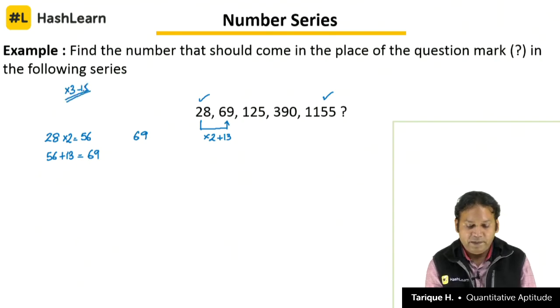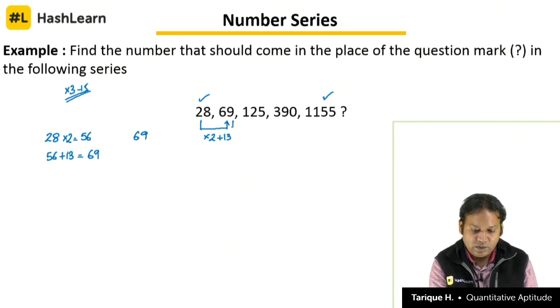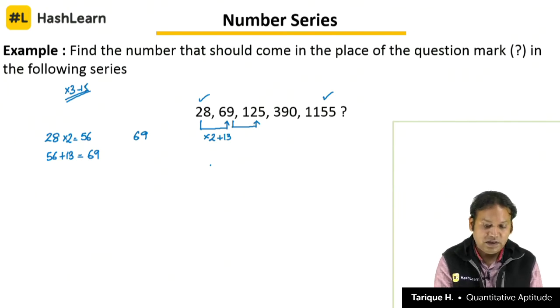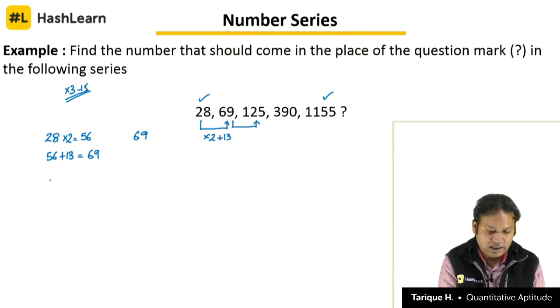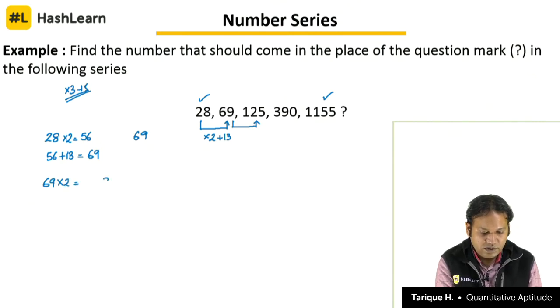what is happening from 69 to 125. Can we do into 2 plus 13 here also? We can't do into 2 plus 13 because 70 into 2 is already 140 and this number is 69. So let us try at least what can be done. Let us see 69. What is 69 into 2 equal to? So you can say 2 into 9, 18, 12 plus 1, 138.